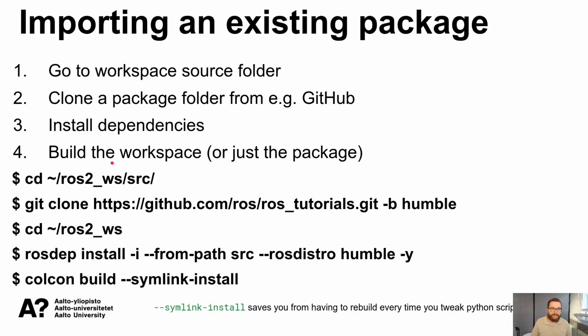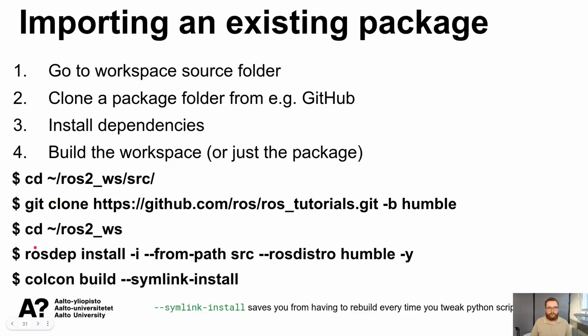So in terminal commands, you first navigate into your workspace, in the source folder. Then if you are downloading your package from GitHub, you can clone it with this git clone command. With this command, you get the basic ROS tutorials provided by ROS, which we will be showing a bit of examples of later on. Then you switch back to your workspace folder.